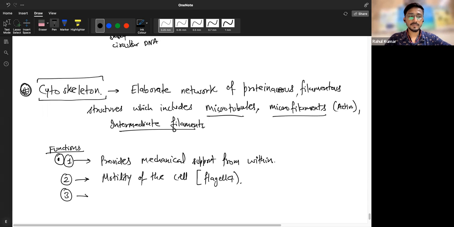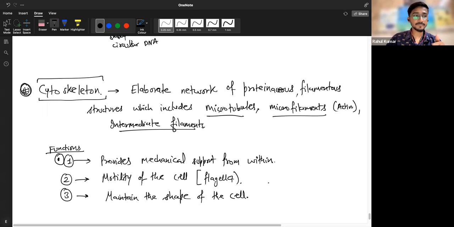And third, maintain the shape of the cell. Now we will go into the detail of it through cilia and flagella. We will be understanding about the nature of intermediate filaments and microfilaments through cilia and flagella.